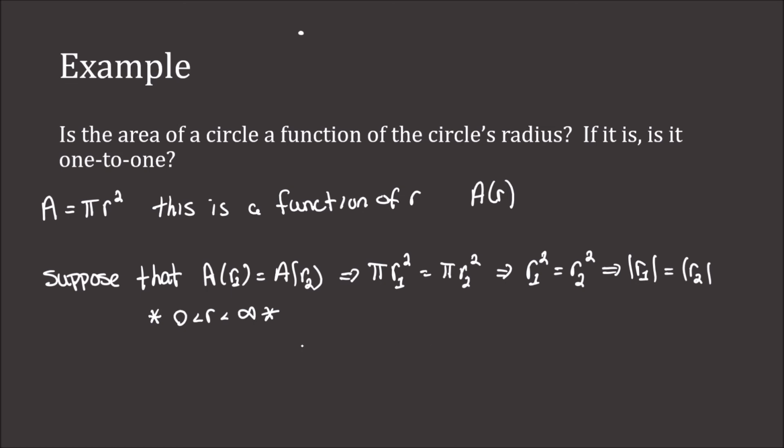So using that fact, we have that r1 is indeed equal to r2. And so therefore, A of r is 1 to 1. So the area of a circle is indeed 1 to 1, which means that the area of a circle is unique according to its radius. So two circles of different radii cannot possibly have the same area.